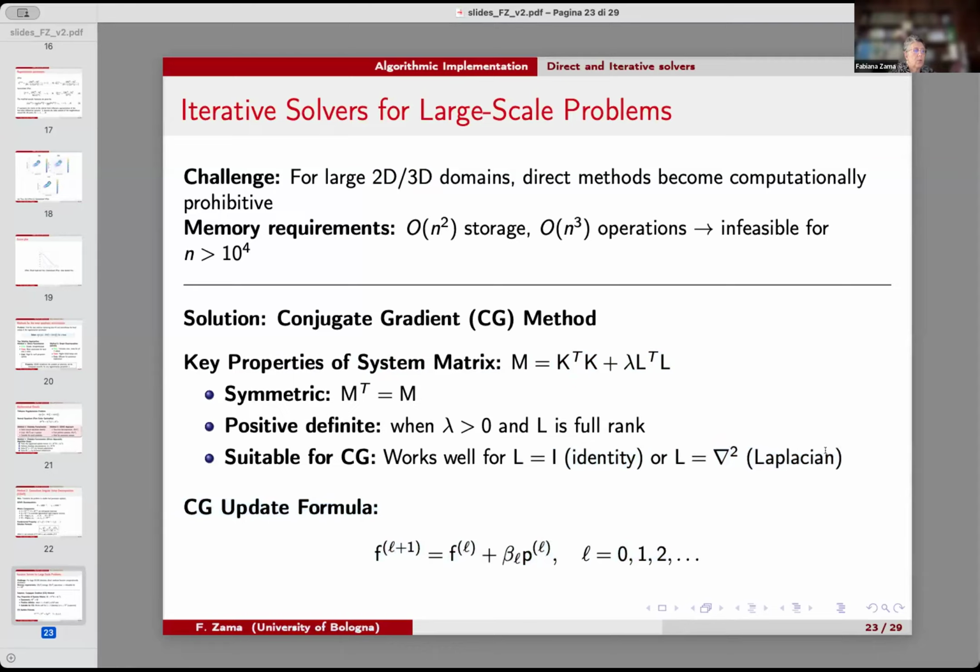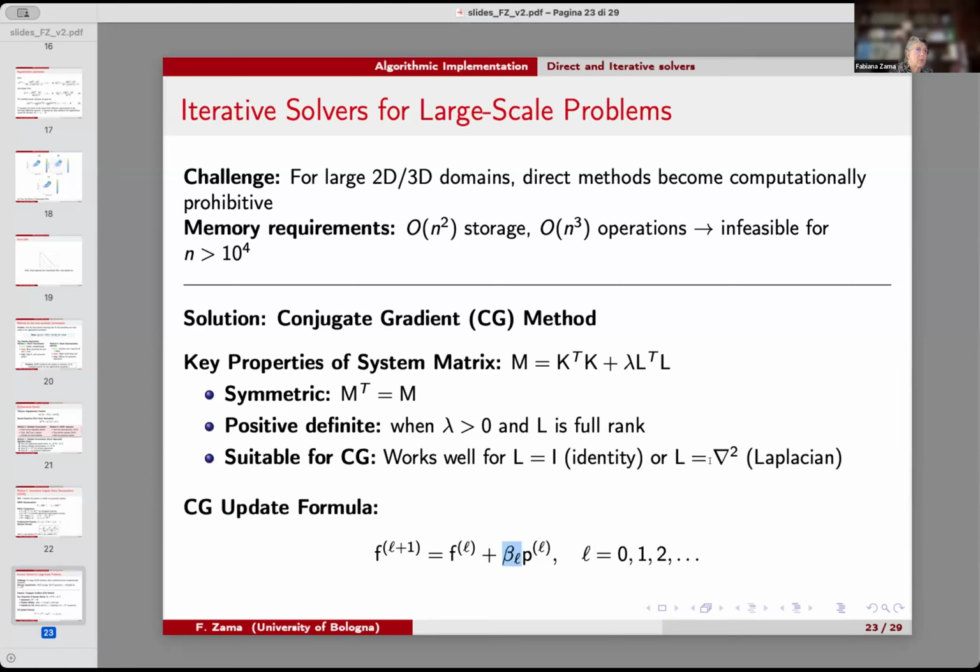I don't explain the details of the method, but it works iteratively. It updates the solution for a given solution, so we have several updates. It computes directions and steps consequently. And for the computation of directions and steps, all we need is to be able to perform matrix vector multiplication.